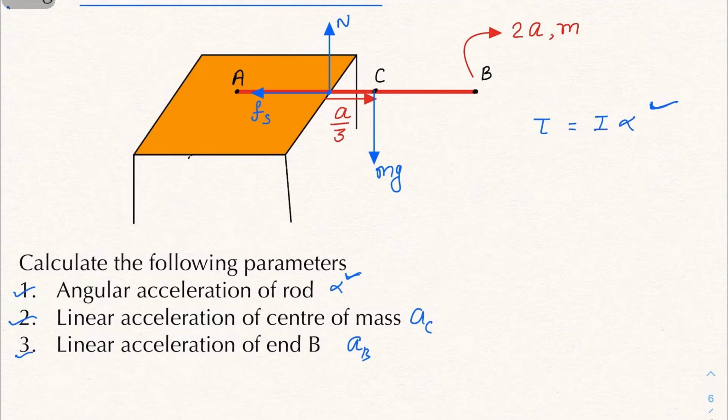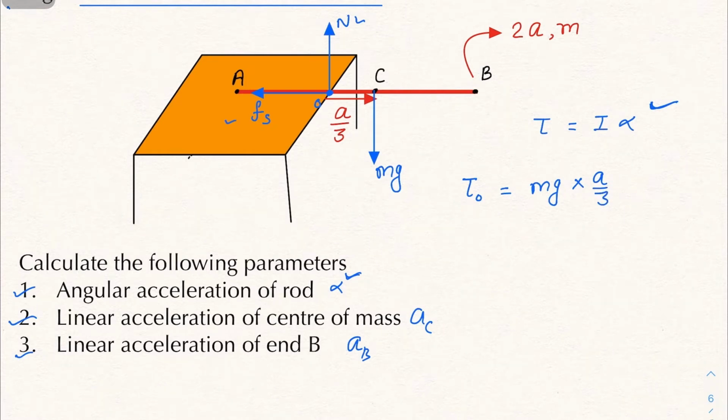So somehow I wish to eliminate them and write the equation of torque. The best solution is to calculate torque about this point. Let's call it O. What is the torque about point O? Due to the normal and the static friction, torque is 0 because they pass through point O. Because of mg, it is mg multiplied by the distance a/3, which is given to us.